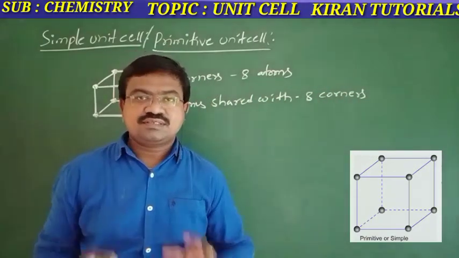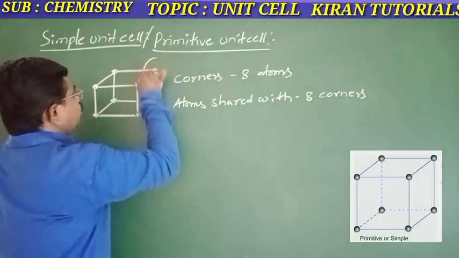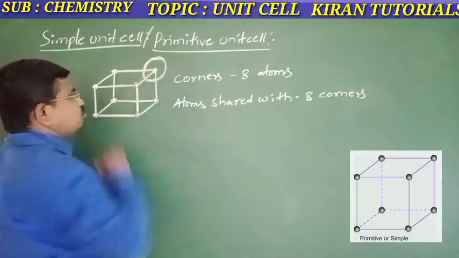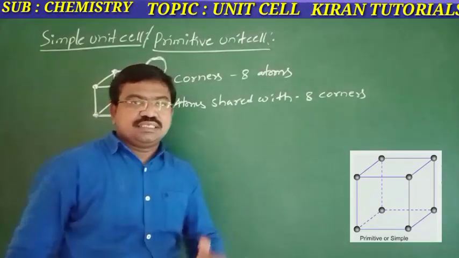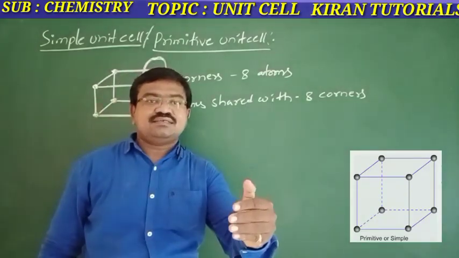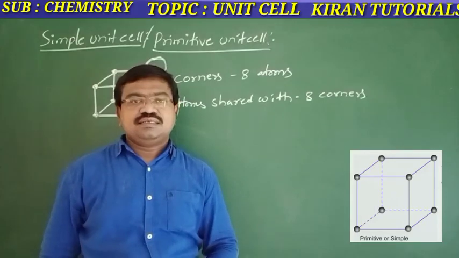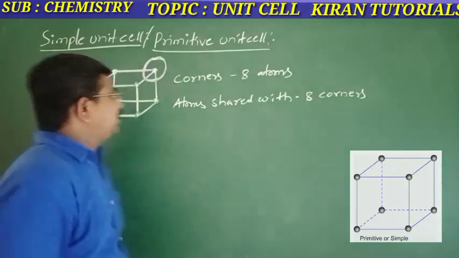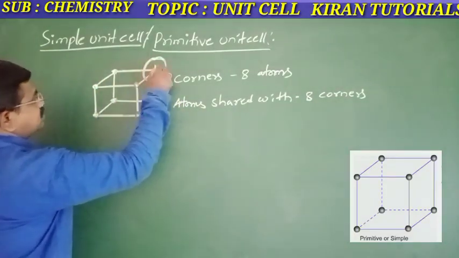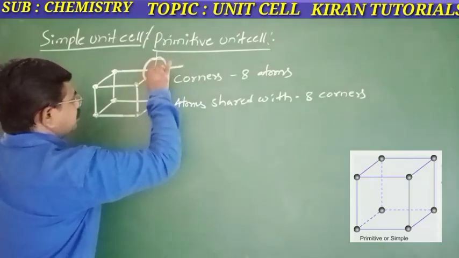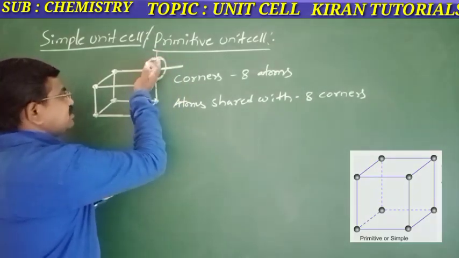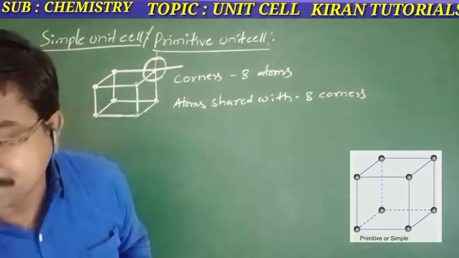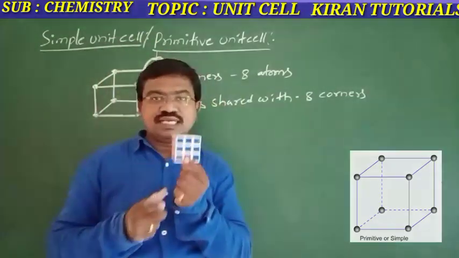Means, see, here one atom is present, and it is shared among 8 parts, 8 sides. Clear? See, first, second, third, and fourth side. It is a 3D structure, so the portion is shared at the back side also. For example, see, it is a primitive cell.